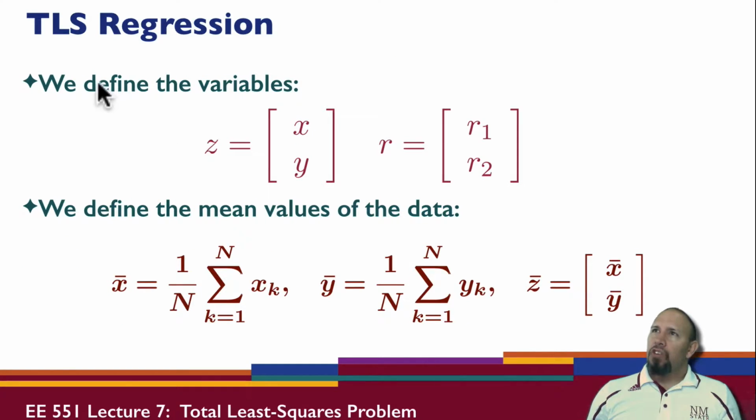Okay, so in the total least squares regression, we're going to define these variables x and y and r as r1 and r2. And we're going to define mean values of the data. So we have the data in x, the data in y. X bar is the average value of the x values. Y bar is the average value of the y values. And z bar is x bar and y bar put into a vector.